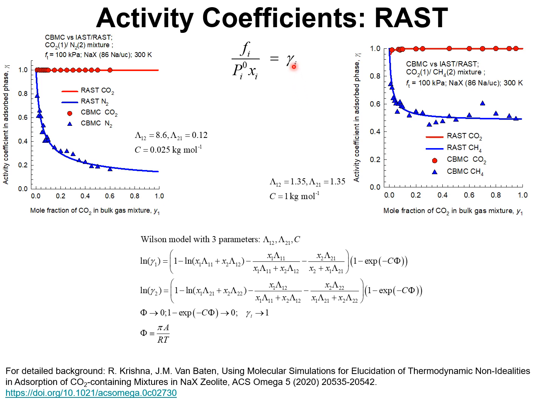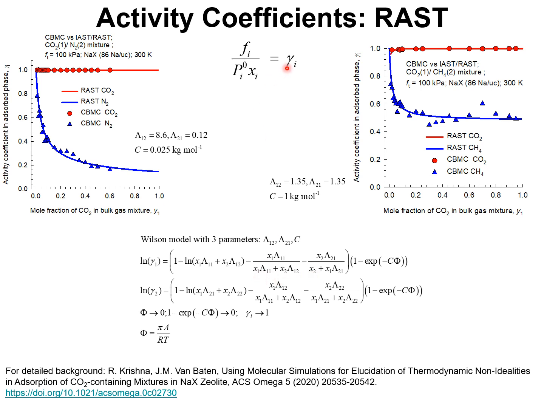The activity coefficients are then fitted to a model describing the dependence of the activity coefficient on the adsorbed phase composition, x1 and x2. Only one of these is independent because x2 is 1 minus x1.